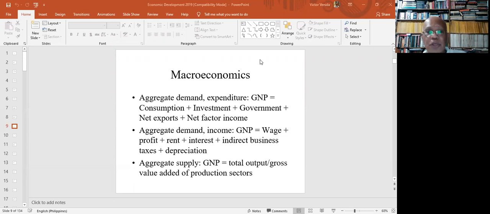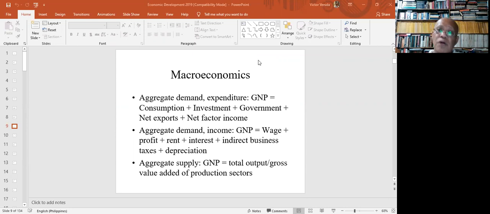Okay. So when you look for the gross national product using total expenditures or the spending, it's equal to consumption plus investment plus government spending plus net exports plus net factor income. Consumption is the expenditure of all households. Investment is the expenditure of all firms.